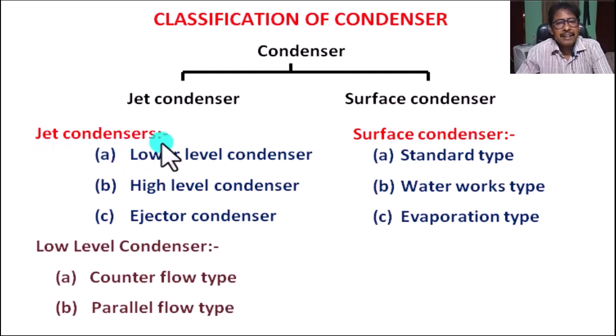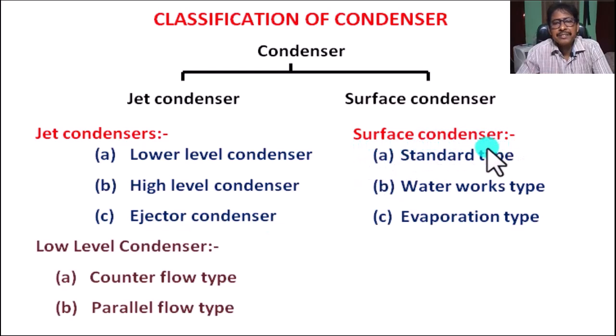Jet condenser is again divided into three groups: A, low level condenser; B, high level condenser; C, ejector condenser.